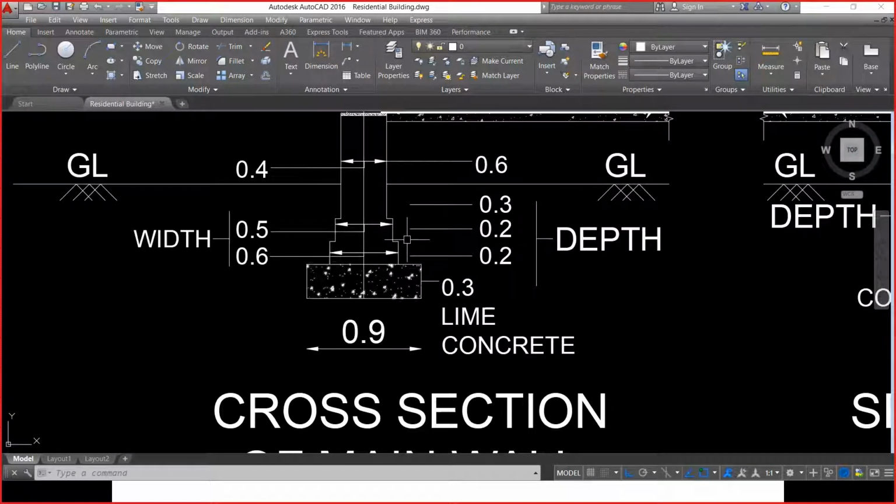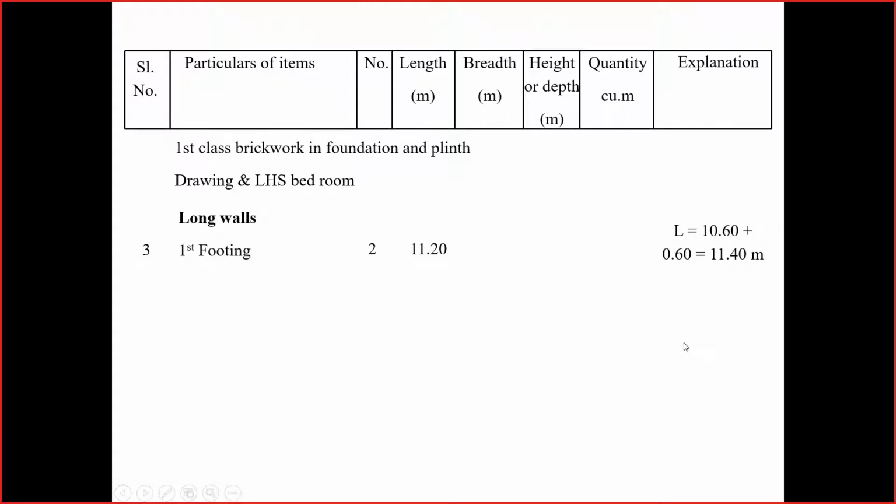So I'm considering the first footing, half of the width of the footing is remaining or missing, which is 0.6 by 2. So length is 0.6 by 2 on either side. 10.6 plus 0.6 by 2 plus 0.6 by 2 will get us 0.6 in total. So the total length is, I think I made a mistake here. Let me change it. 11.2 meters, right?